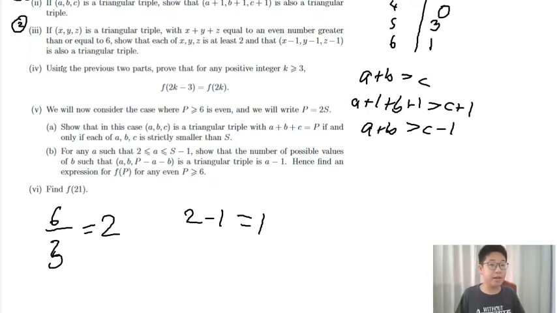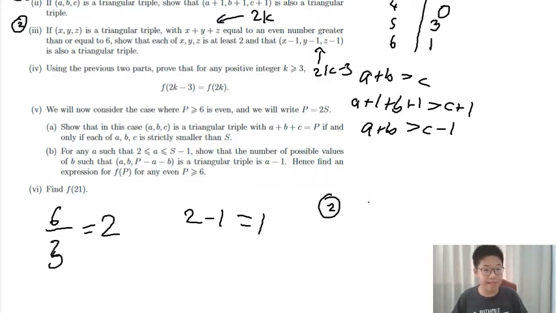Using the previous two parts, prove this. Now this might be a bit difficult because we are now going to use theorem 2. Using theorem 2, this triangle has perimeter 2k minus 3, and this is 2k. So there we have used theorem 2.